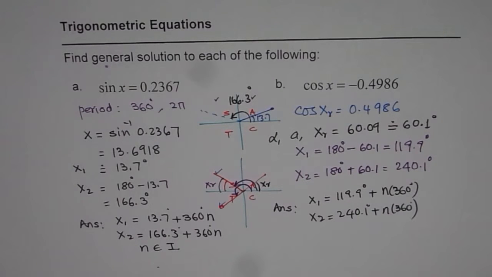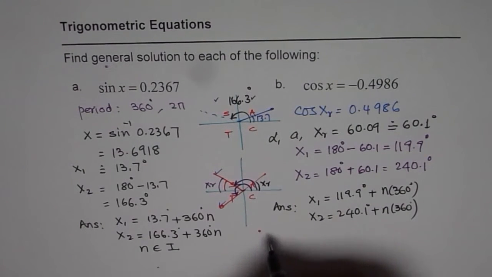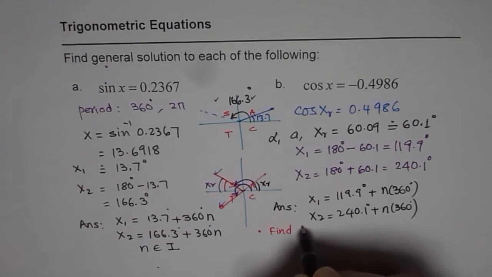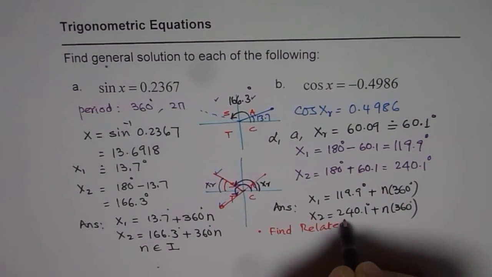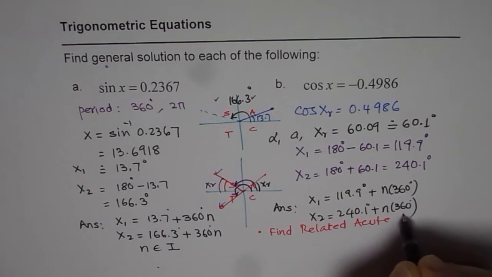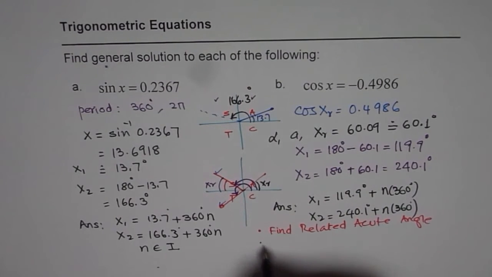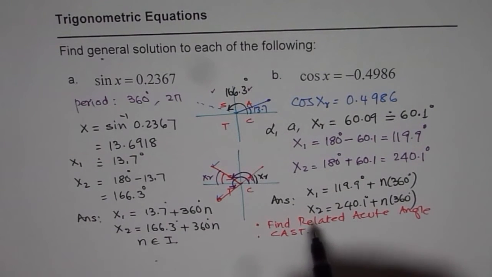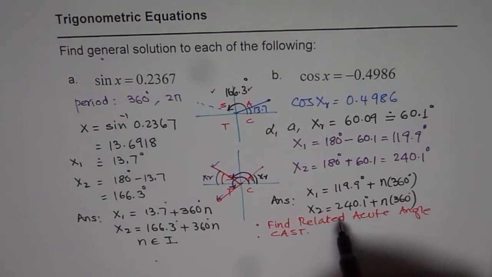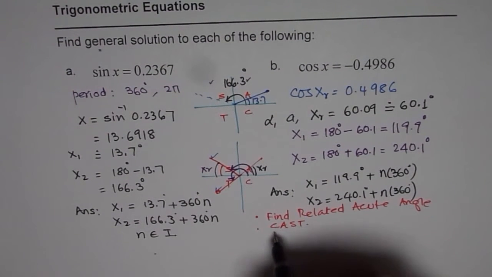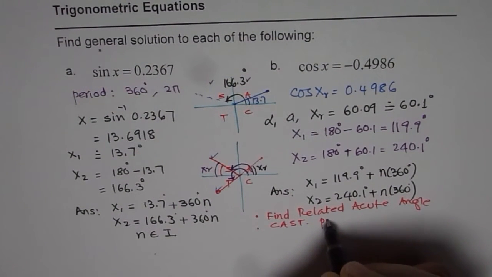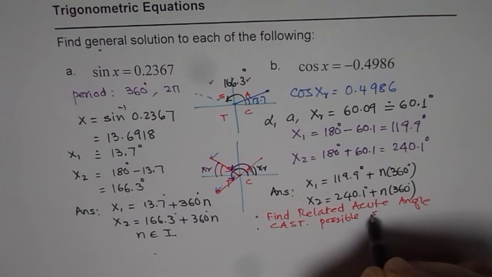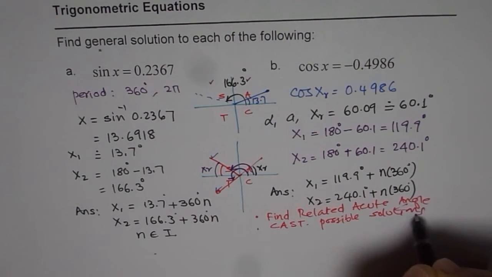I hope you understand and appreciate that you should use your calculator to find related acute angles. So the steps are: find the related acute angle, then apply the CAST rule to find the possible solutions, and then generalize, as we did here.